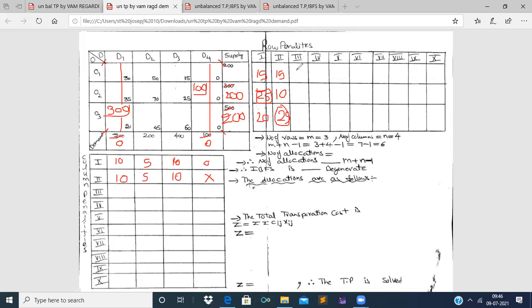Now let us go for the third set of row penalties and third set of column penalties. So in this first row, of these 2 costs, the first least cost is 15 and the next least is 50. 50 minus 15 is 35. In the next row, 70 minus 25 is 45, right? 45.